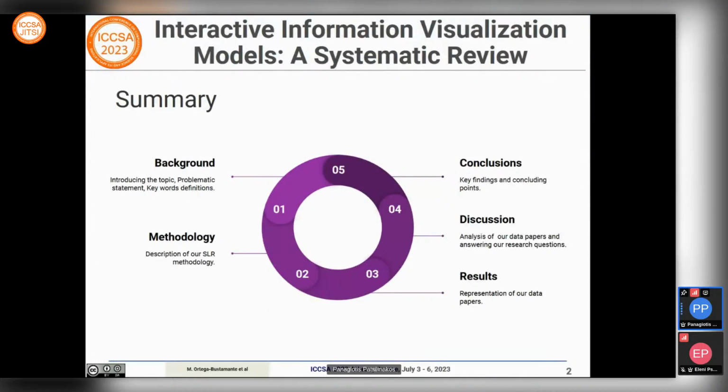A brief summary: we'll briefly introduce the topic, present our methodology, and a brief presentation of the results, discuss a little bit, and finally the key findings as a concluding point.